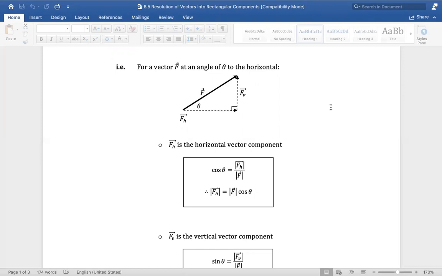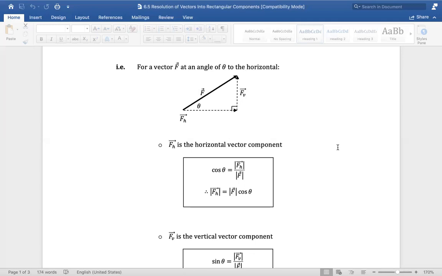So we always are starting from horizontal and moving in a counterclockwise position, okay? We're calling this the F vector subscript H, meaning the horizontal portion of vector F. And then this, the F vector subscript V, meaning it's the vertical portion of vector F.